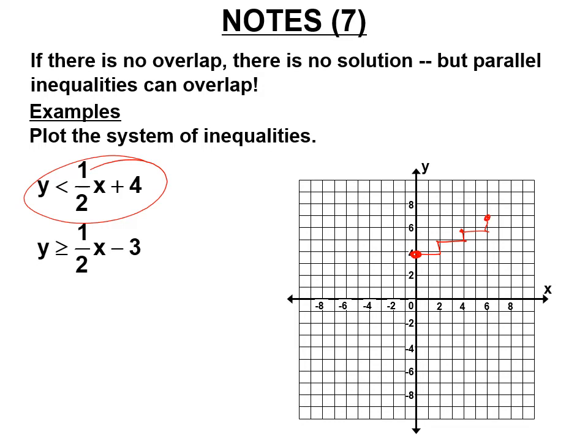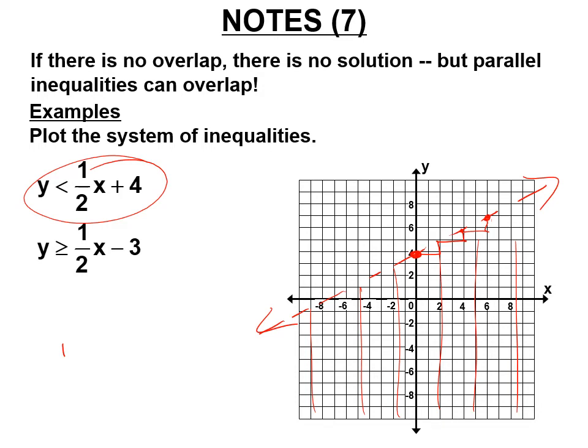And it's going to be dashed. So let's do that. So there's the top one, and notice we're going to shade below that one down here. Okay, now let's graph the bottom one.